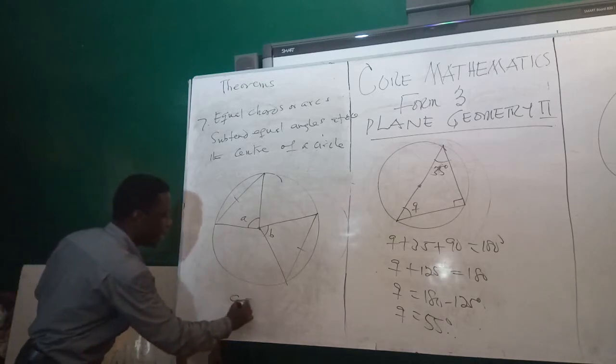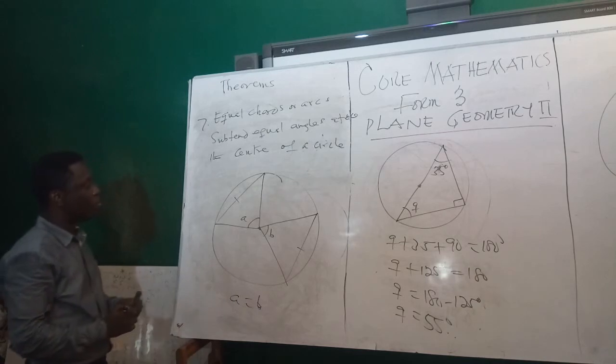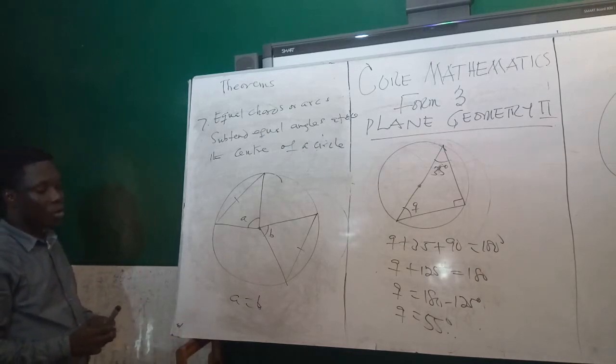So A is simply equal to B. So that is the seventh concept.